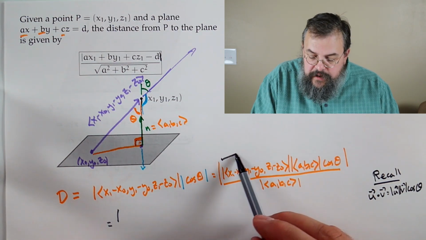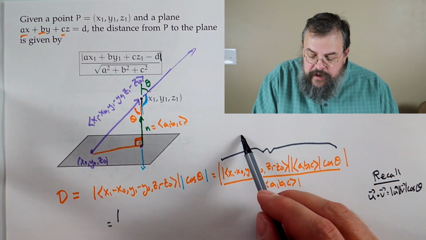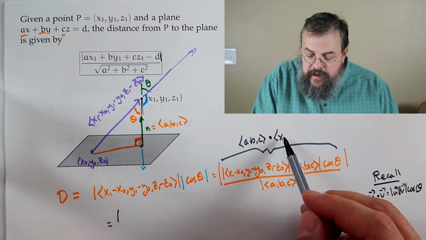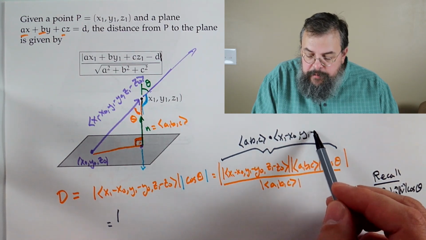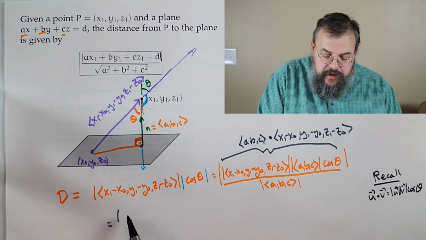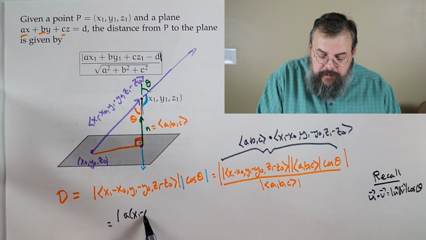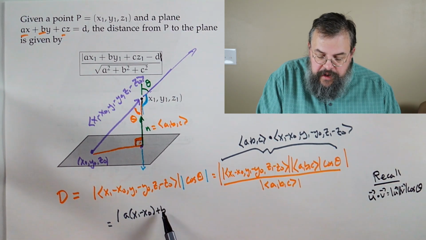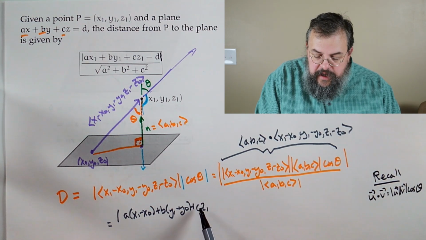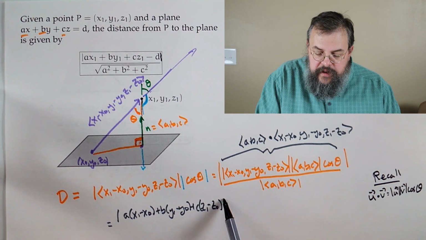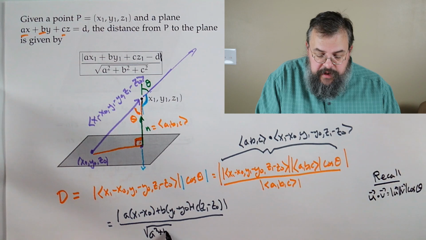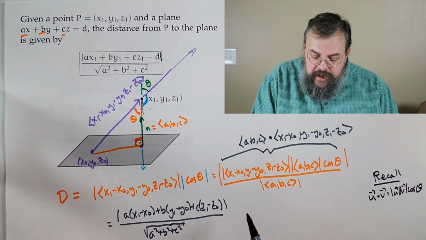So let's do the dot product. You'll get a times x1 minus x naught, plus b times y1 minus y naught, plus c times z1 minus z naught, all over the square root of a squared plus b squared plus c squared. Okay, so we're almost done.